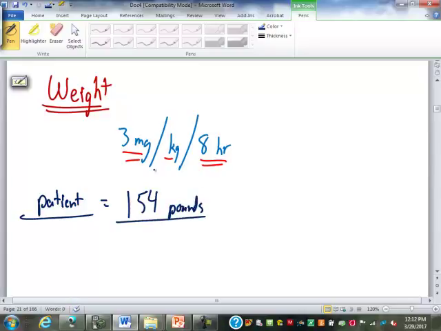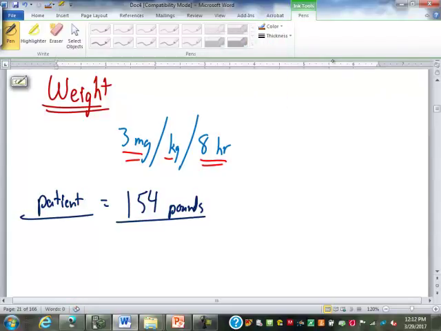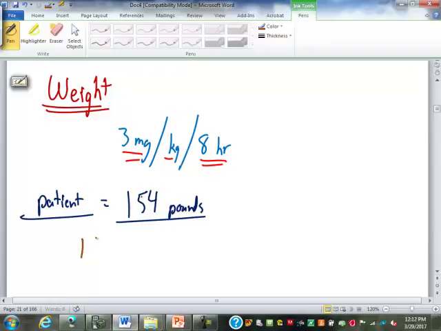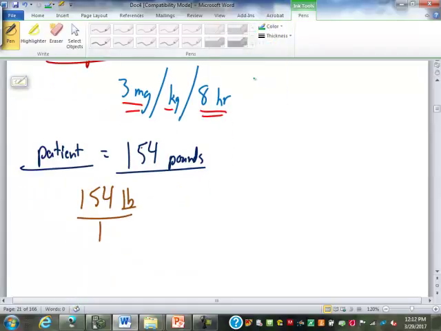obviously pounds does not fit on that recommendation there. So first thing we have to do is convert our 154 pounds into kilograms. So you put 154 pounds over 1. The relationship between pounds and kilograms, and this is one that's going to come up enough in the next couple weeks, you should have it memorized.